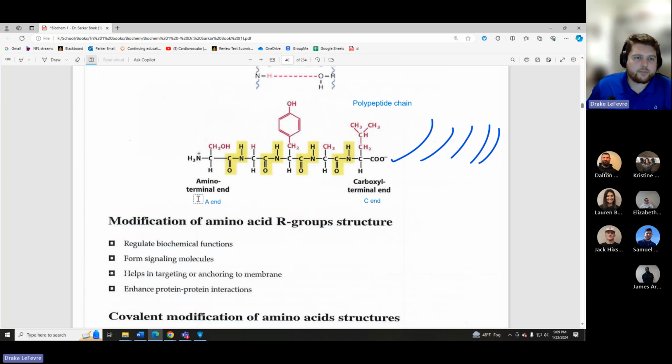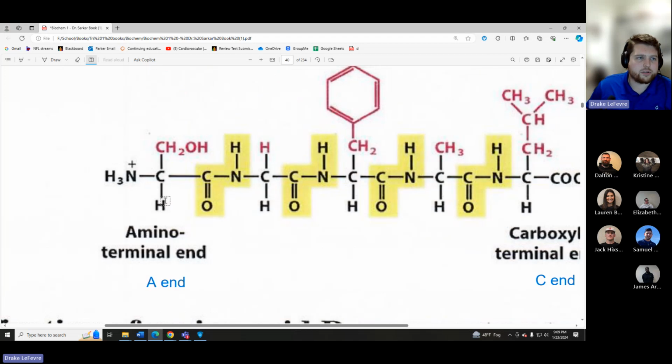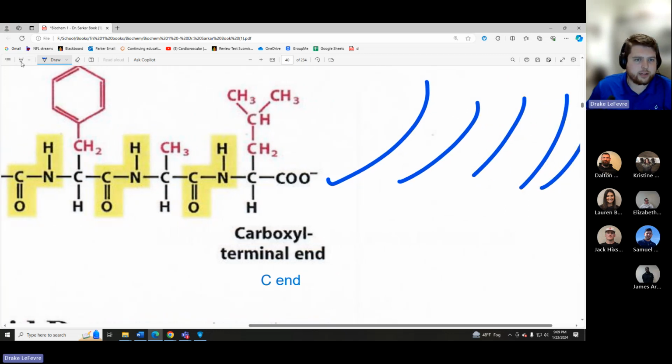It's called the amino terminal end because look at this, it has an amino group at the end of it. And this is the carboxyl terminal end because it has a carboxyl group right there.